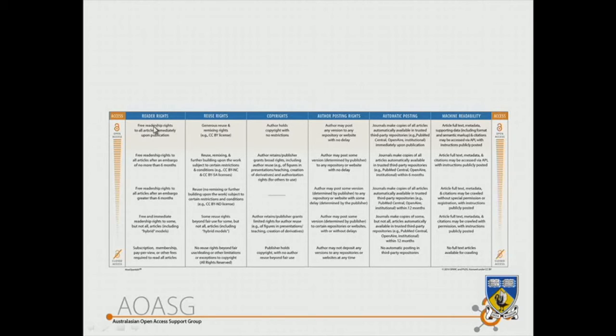So, for example, it ranges from full readership rights through to having to pay a subscription down here, machine readability with an open API, down to inability to download the full text. And what I think this shows really well is that actually it's incredibly hard to have things that are fully open access, even with publishers that are doing their best around it. Because the technology around making things machine readable is actually very hard if you're going to do it in a useful way.